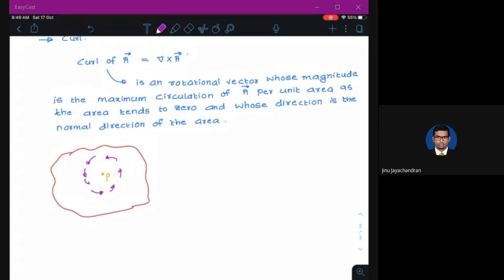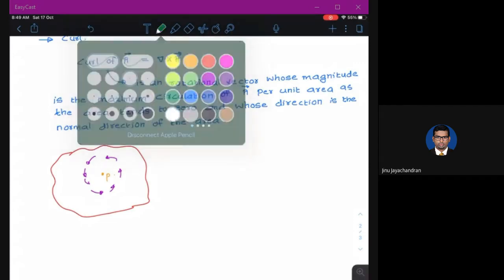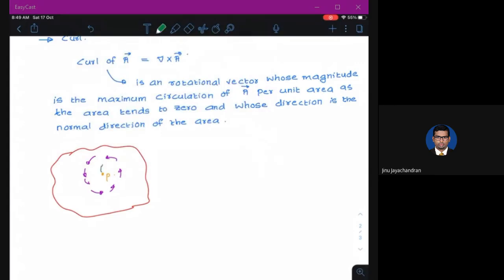So in this case, if you curl your right fingers along the direction of circulation, then you can see that the direction will be perpendicular to the plane of paper or plane of screen. So it is perpendicular to the plane of screen. So this is called as curl.